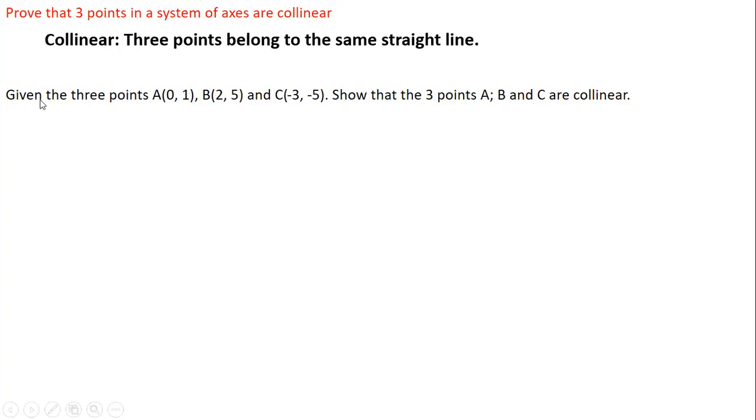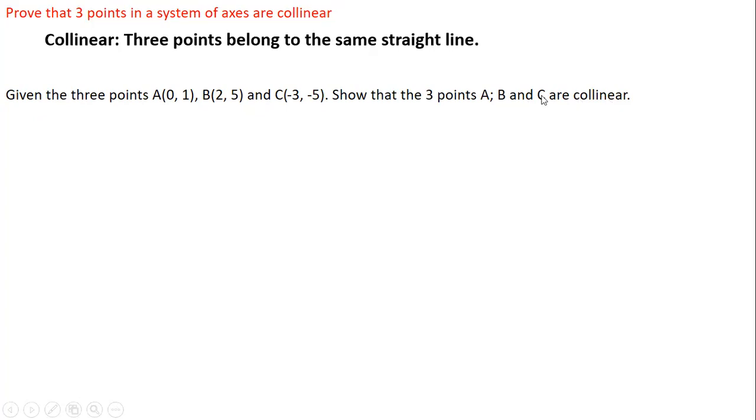Please look here. Given the 3 points, A, which has coordinates (0, 1), B has coordinates (2, 5), and C has coordinates (-3, -5). So we are given 3 points, A, B, and C. The question is, show that the 3 points A, B, and C are collinear.